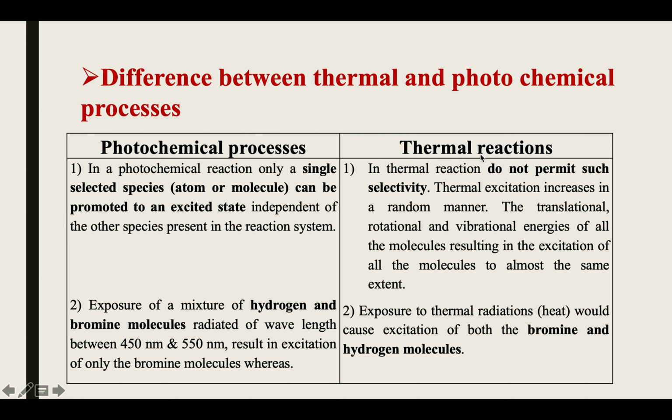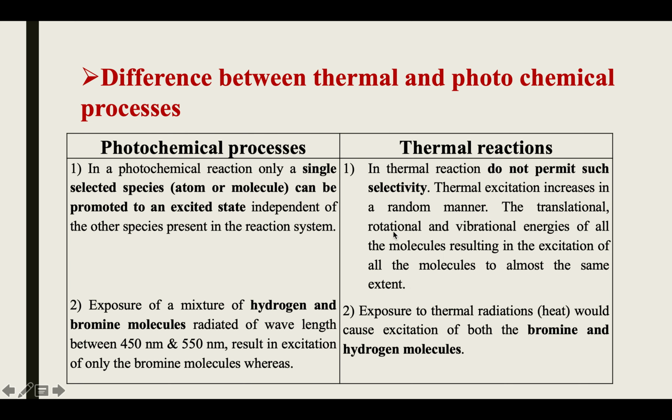What happens in thermal reactions? In thermal reactions, they do not permit such selectivity. So thermal excitation increases in a random manner: the translational, rotational and vibrational energy of all molecules, resulting in excitation of all molecules to almost the same extent.